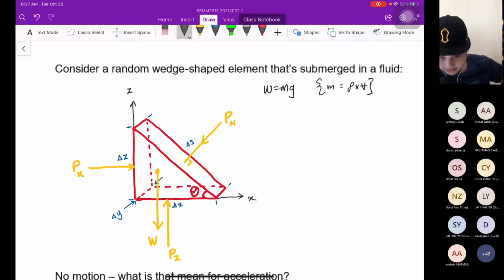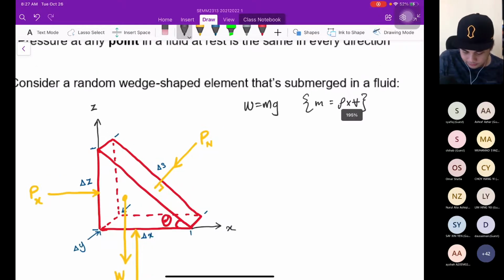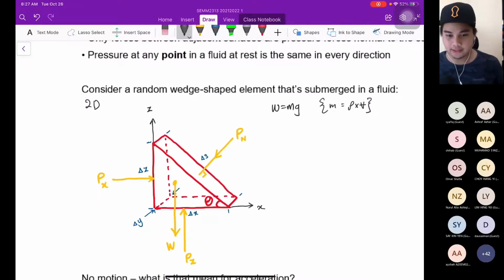If it is 3D, that means a lot of derivations. So this is for 2D. But I draw it in 3D because we need the surface area, remember?